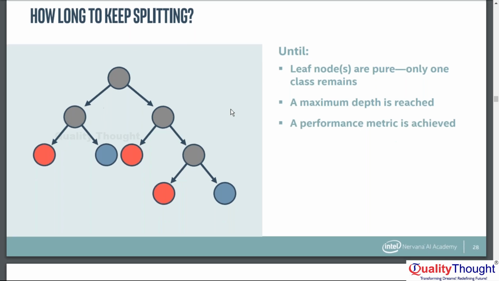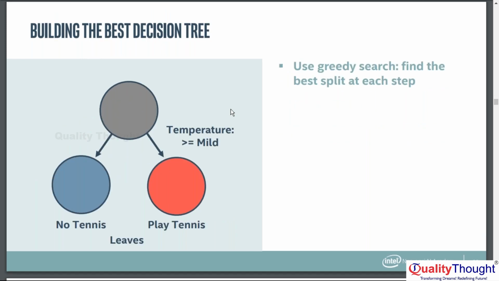Likewise, we have different formats. Building the decision tree is nothing but understanding the end point. At each and every point, we need to understand the best split.